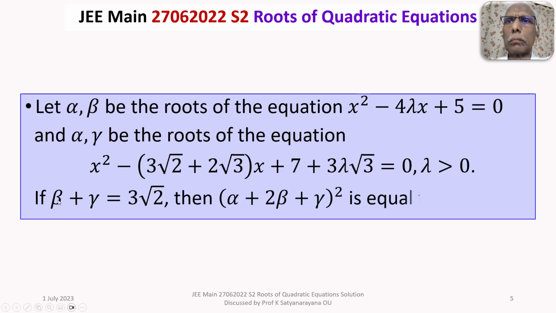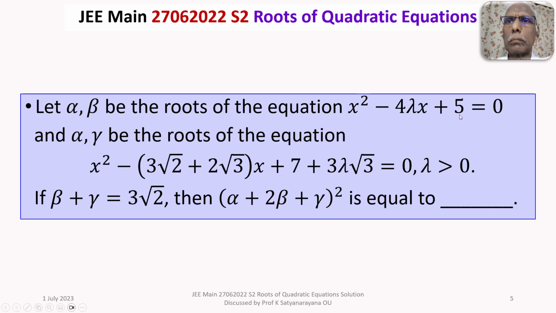If beta plus gamma is equal to 3 root 2, then (alpha plus 2 beta plus gamma) whole square is equal to. We are given two quadratic equations.